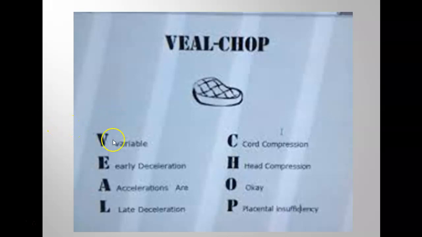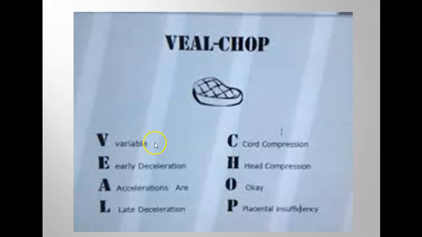It could be a deceleration that is a variable. It could be an early deceleration, or it can be a late deceleration. Or it could go in the opposite direction and go up and be called an acceleration. And then the CHOP part is telling you what's going on with the baby, which is causing this type of variation.